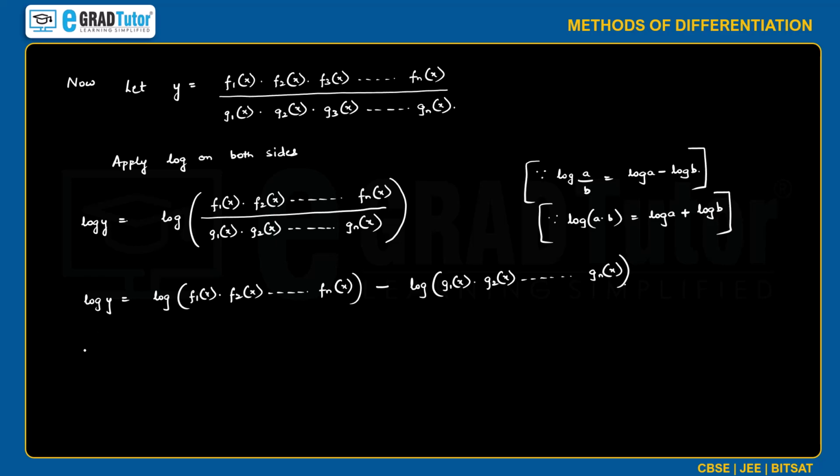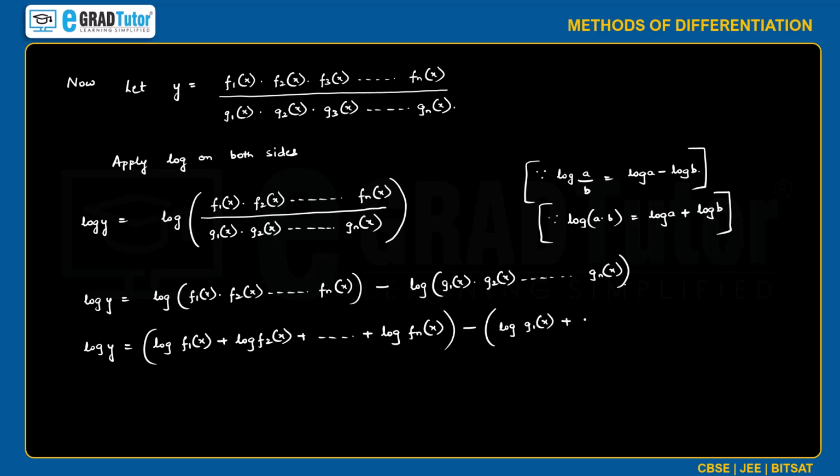Now log y is equal to log f1 of x plus log f2 of x plus so on plus log fn of x, minus log g1 of x plus log g2 of x plus log g3 of x plus so on plus log gn of x.